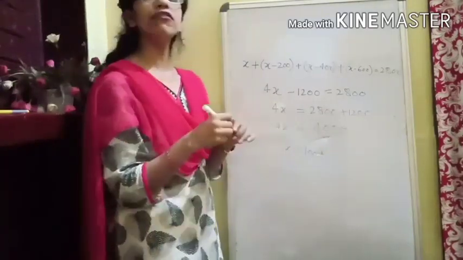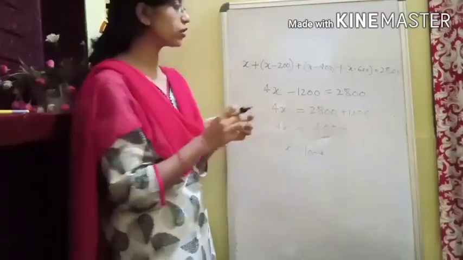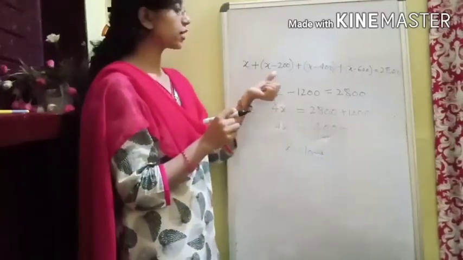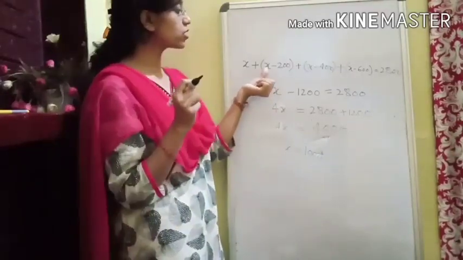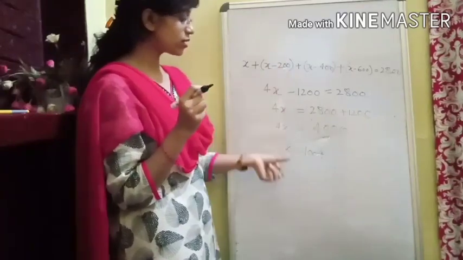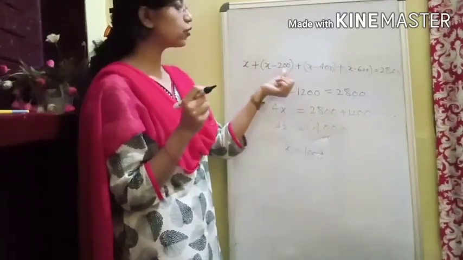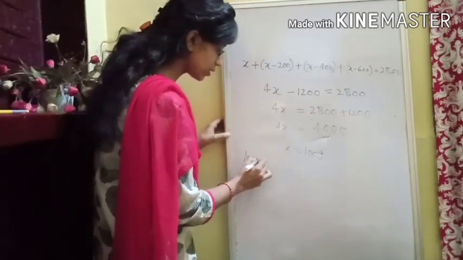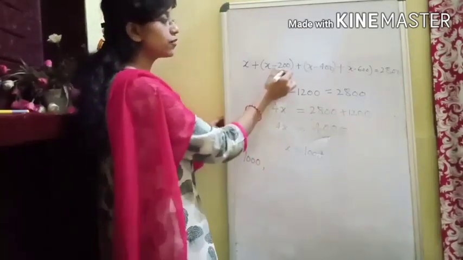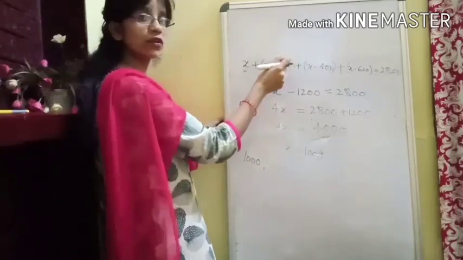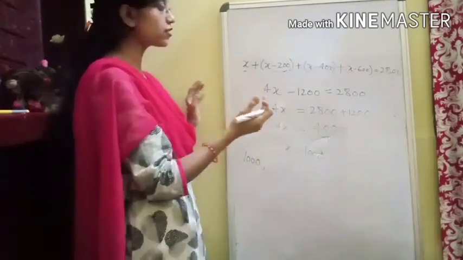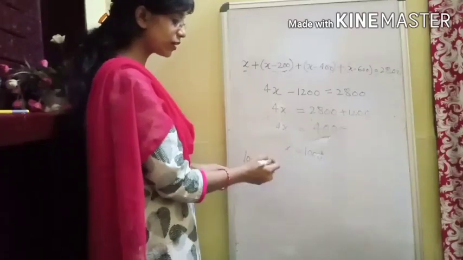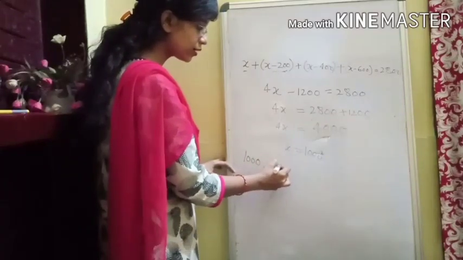That means the value of the first prize is 1000. What was our second prize? The value of the second prize was X minus 200. Since each prize is 200 less than the preceding one, 1000 minus 200 would be 800.